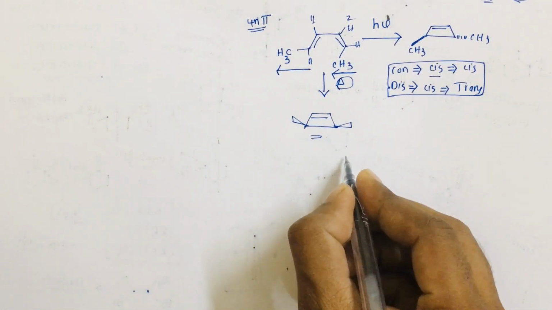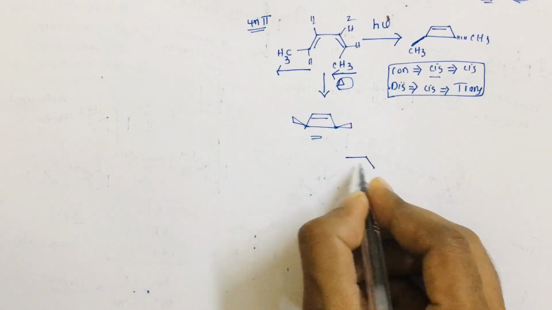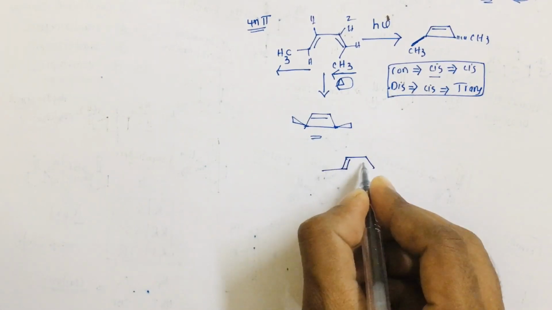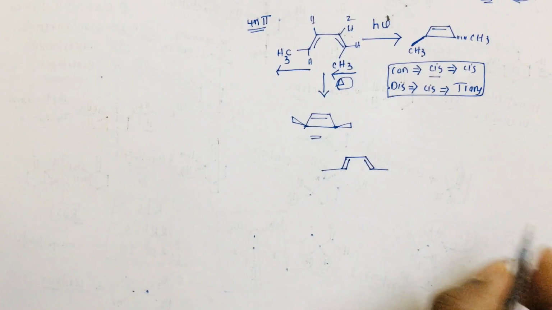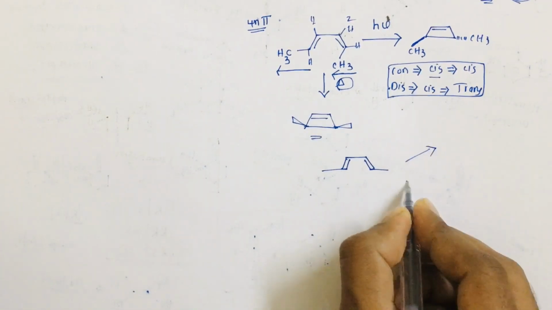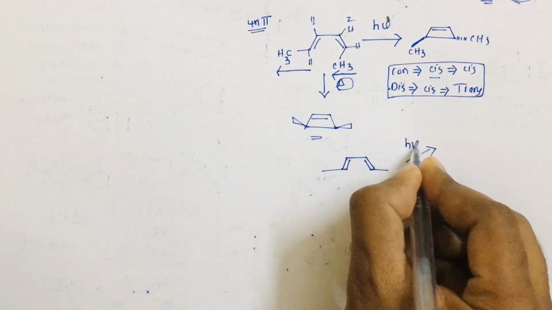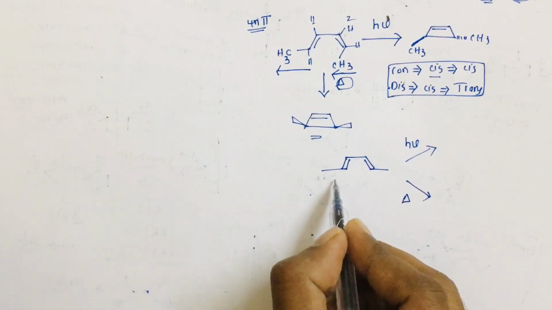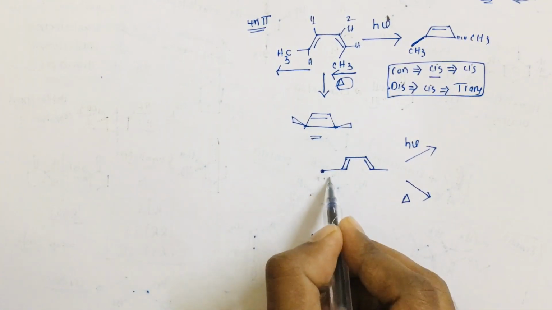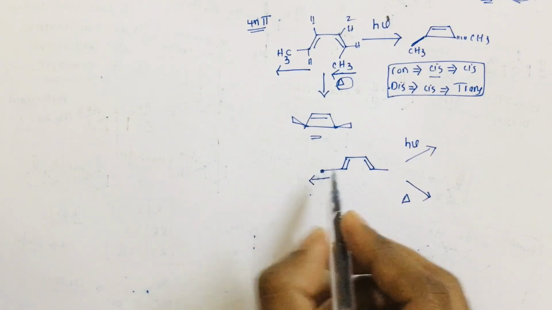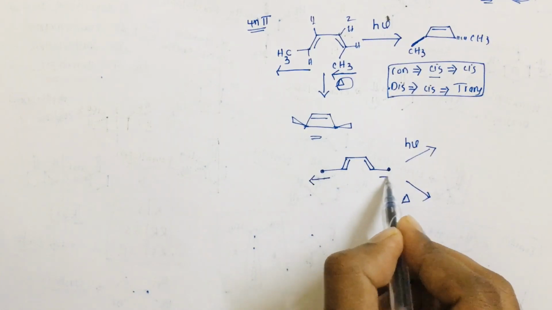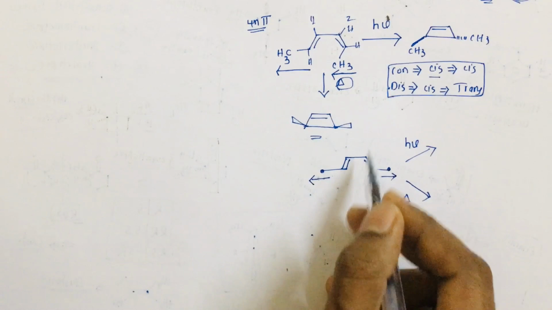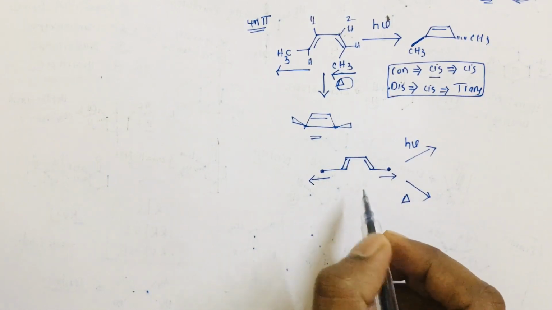And here, I'm taking the same example this way. Now we have to write the product in a photochemical condition as well as in thermal condition. As I said, this methyl group is facing towards your left hand side, and this methyl group is facing towards your right hand side, so these two are in opposite directions.